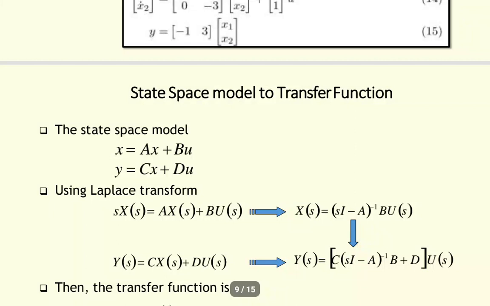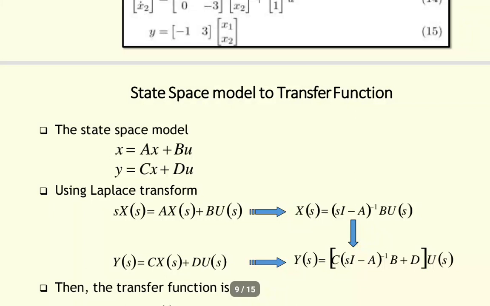Then we apply Laplace transform on both sides of the equation with zero initial condition. You may ask me, sir, why are you applying zero initial condition? Because our aim is to determine the transfer function. The basic definition of transfer function is the ratio of the Laplace transform of the output variable to the Laplace transform of the input variable with zero initial condition.